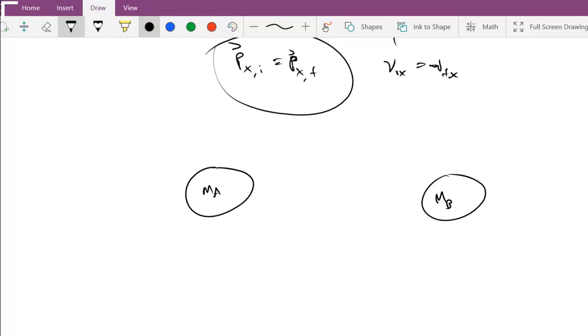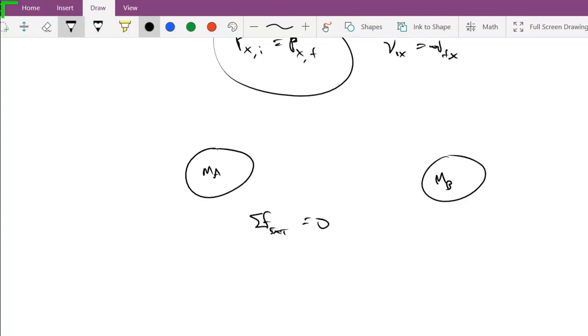The sum of external forces is equal to 0, as long as I have a frictionless environment. So as long as I consider both of my particles to be my system, or if I have 3, 4, a million particles, if I consider all those particles which are going to interact with each other to be part of my system, then momentum is conserved in any collision with those particles.